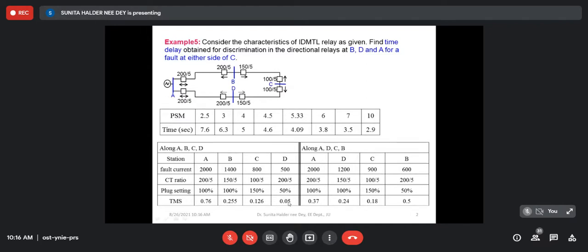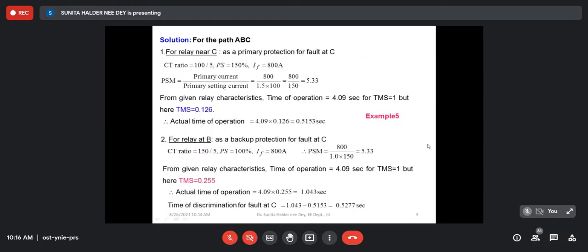So from there we are calculating the actual time of operation. In the example I discussed for the non-directional overcurrent relay, TMS was not given, the time of discrimination was given. From there we had set the TMS. You just compare these two examples. I have given these two examples in two different ways.